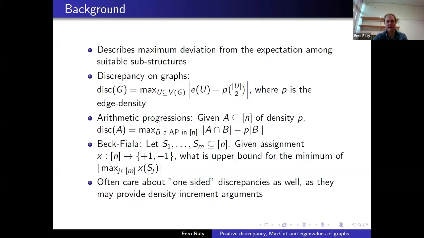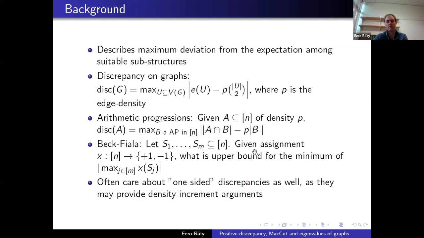There are also plenty of examples of discrepancy in geometric combinatorics, which I'm unfortunately not that familiar with, so I didn't pick those as examples. But the last one I'd like to mention is the Beck-Fiala theorem type of discrepancy problem.